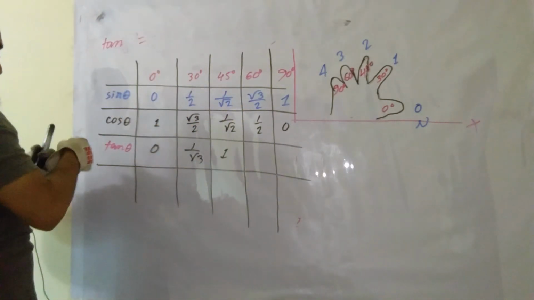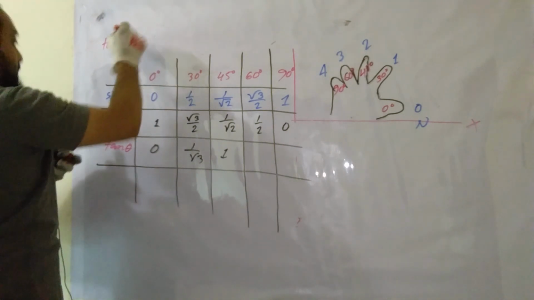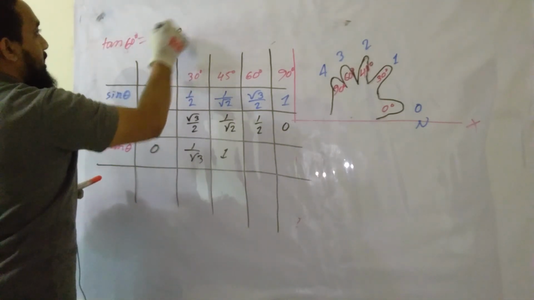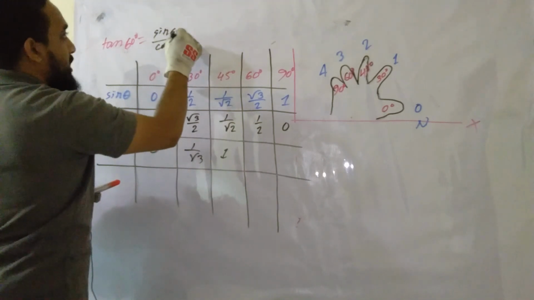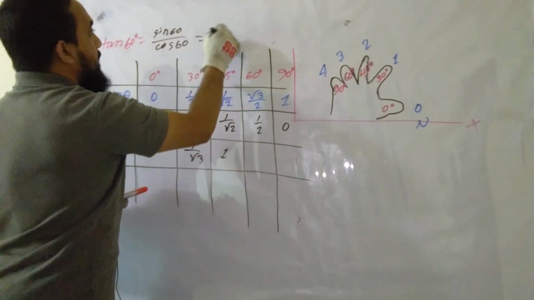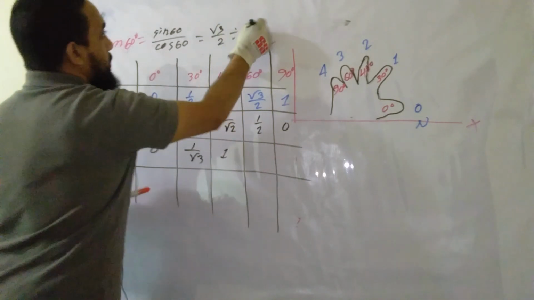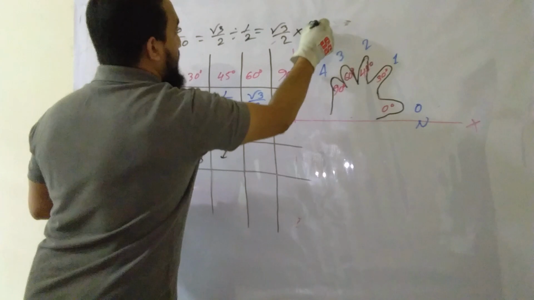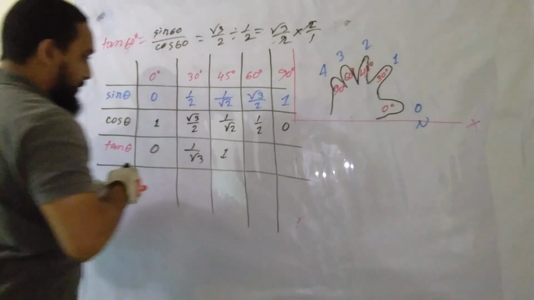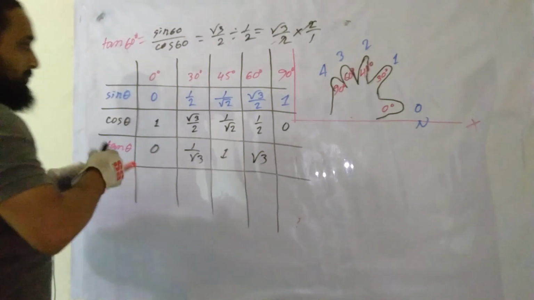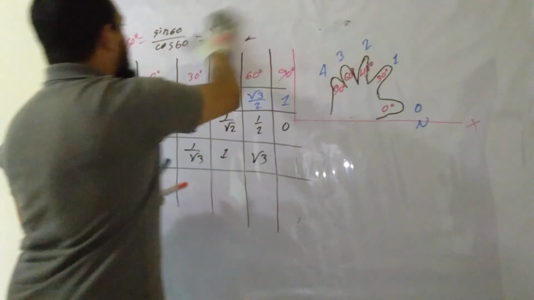60 is gonna be sine 60 divided by cos 60. So look here, sine 60 means root 3 by 2 divided by 1 over 2. So root 3 by 2 into 2 by 1, 2 to cancel, is root 3. Okay, I'm going to write up.